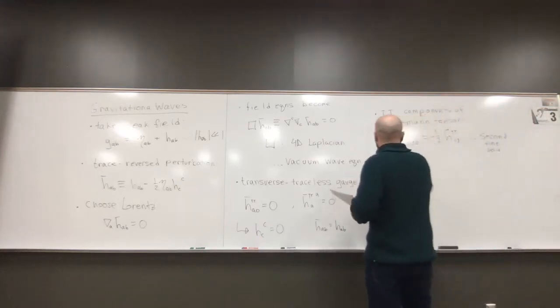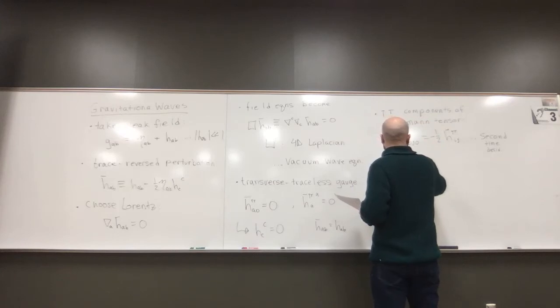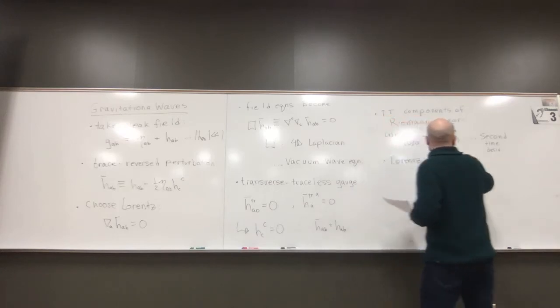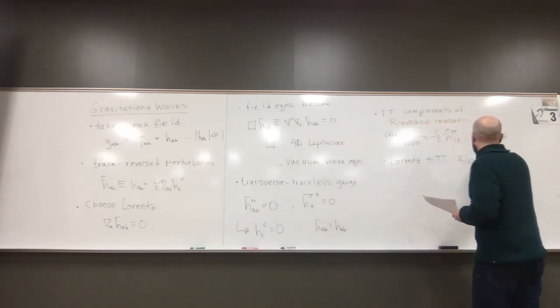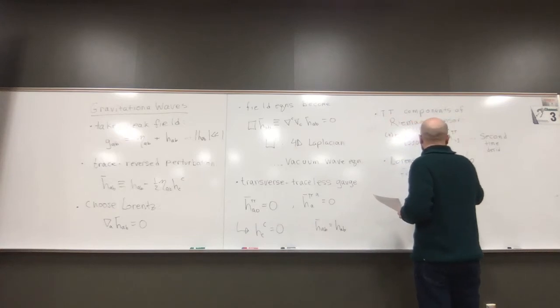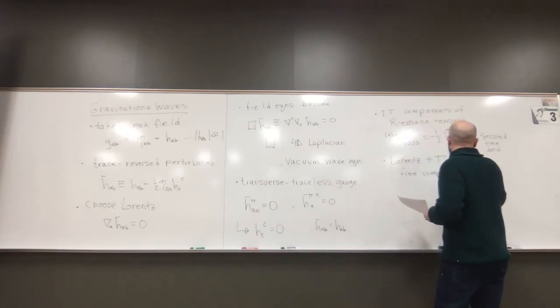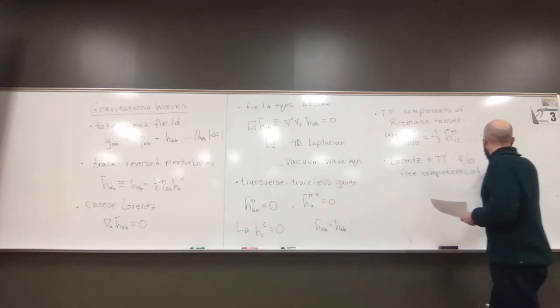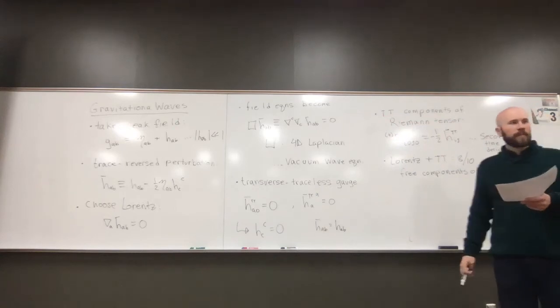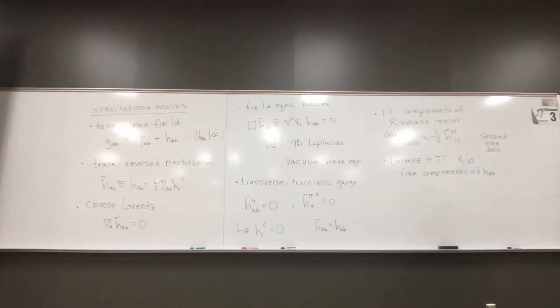Okay? Now, Lorentz plus transverse traceless gives us 8 out of 10 of the free components of h AB. So we've got 2 unspecified components at this point that are still free. Anyone know what those are? Polarization. Yeah, that's right.